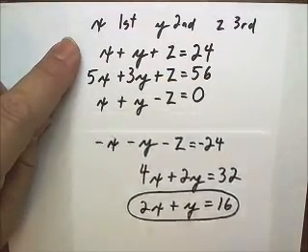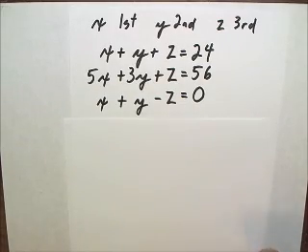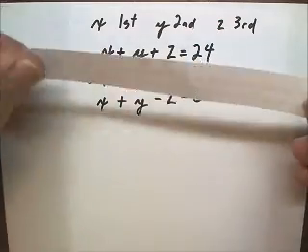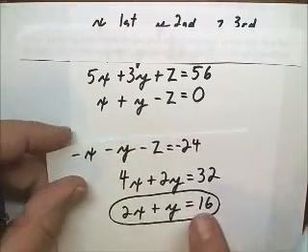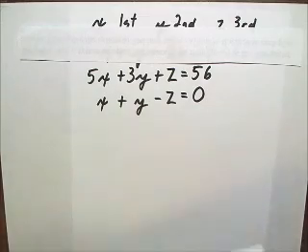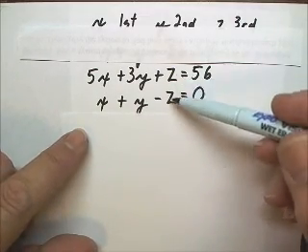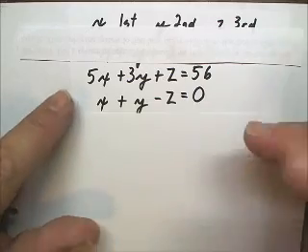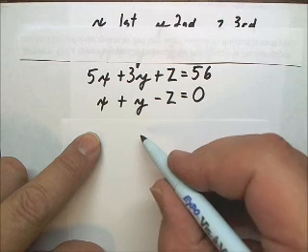Now I'm going to look at the second two equations and try to eliminate the same variable. So I eliminated z. So now I'm going to try to eliminate z again, and boy, that works out nice for me because all I have to do is add up the equations.